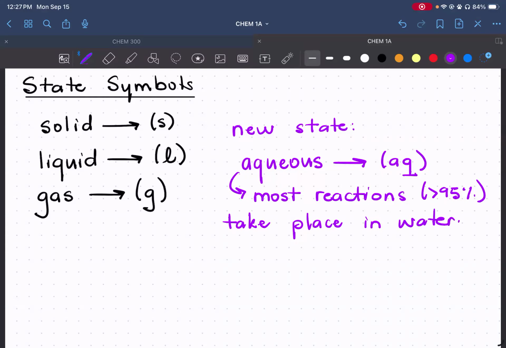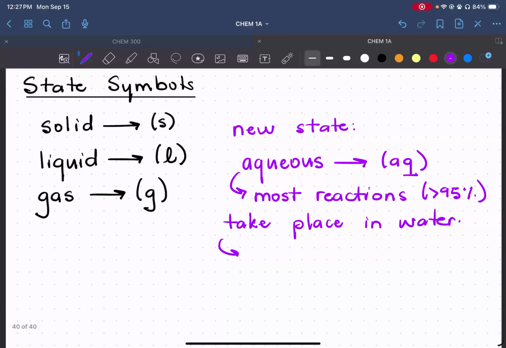It means that you have test tubes and beakers that are filled with some amount of water. Within that water, you will have your chemicals that will be dissolved. And it's the water that acts as the medium. It acts as the place where the reaction takes place. In Chem 1A, pretty much every reaction we encounter will take place in water. So the term aqueous loosely describes how easy it is for molecules to dissolve.